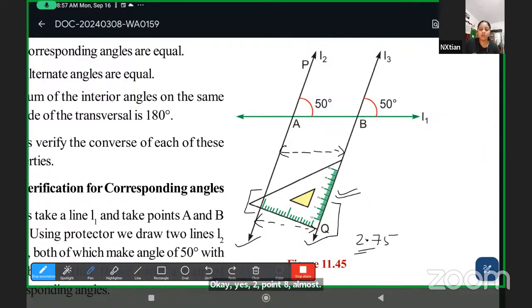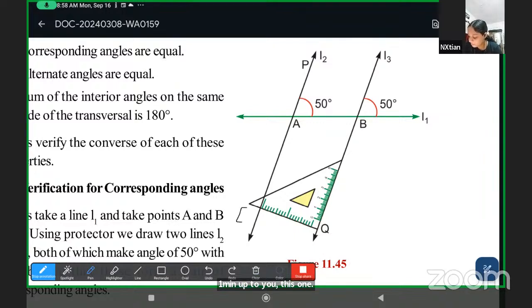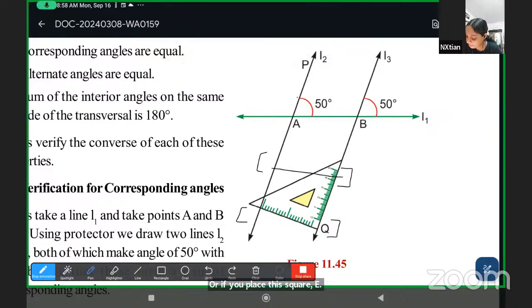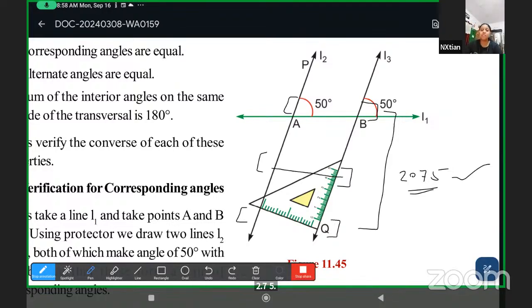So now, Edric, if you place the set square at this point, here, and measure from here, or if you place the set square here and measure from here also, or measure from here also, in all three cases you will get 2.75 distance. Same thing.